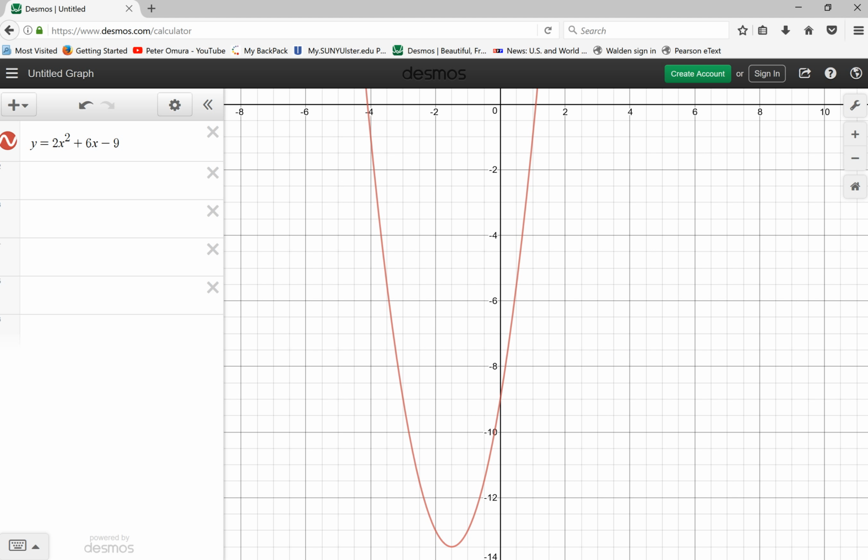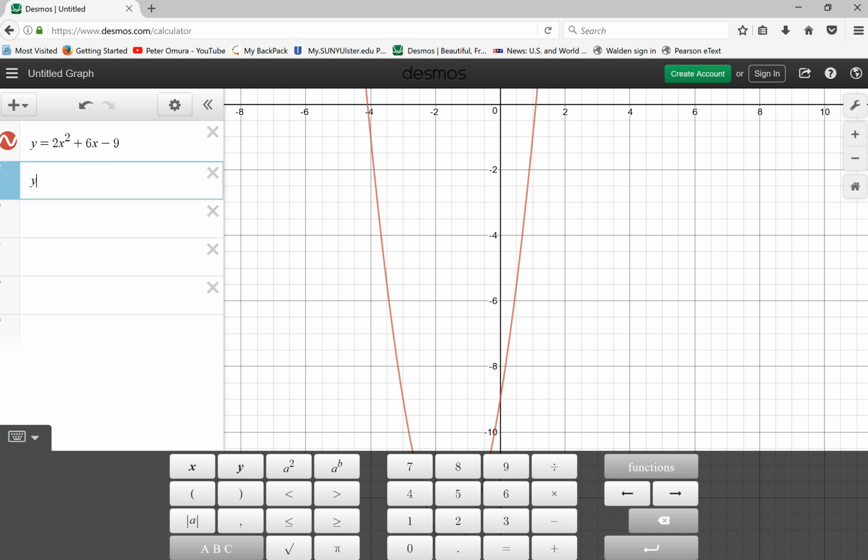And to give you an idea, y equals x squared. You know what? Let's do this. Y equals, I'm going to say, parentheses, x minus 1.5 squared minus 13.5.